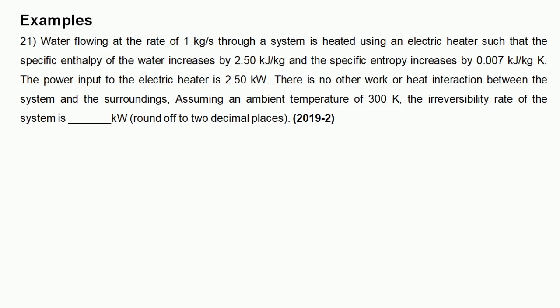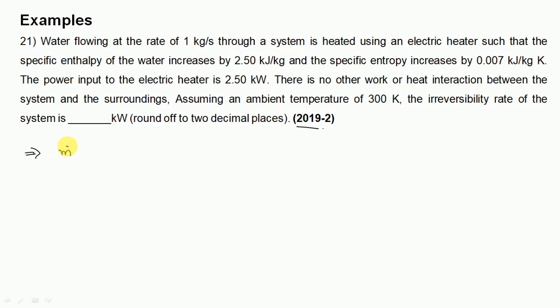We have question number 21, and it is the last one for today's session, part 1. Here it is a 2019 set 2 example. Given data, water flowing 1 kilogram per second, so the mass flow rate of water is given.